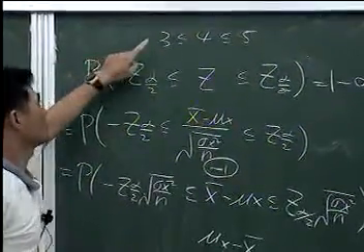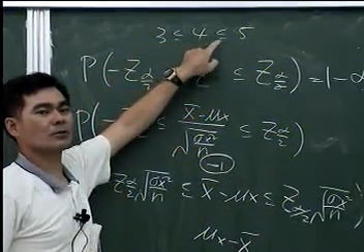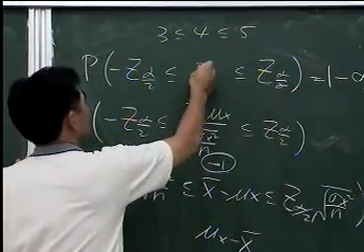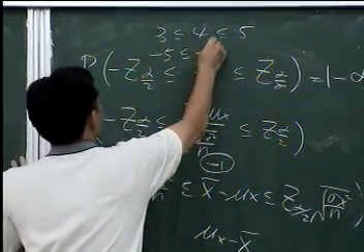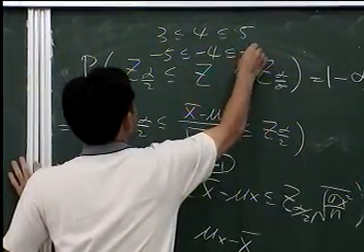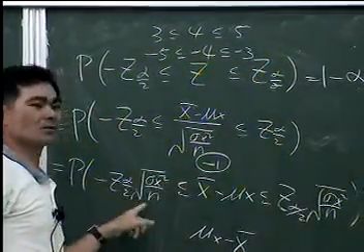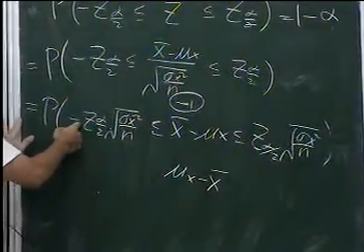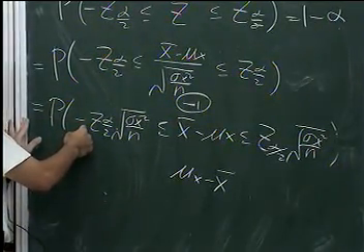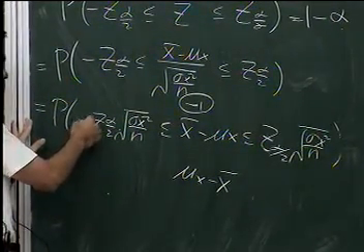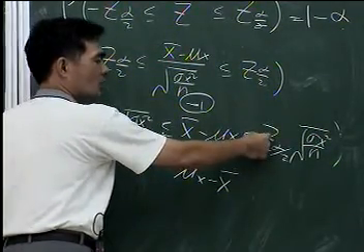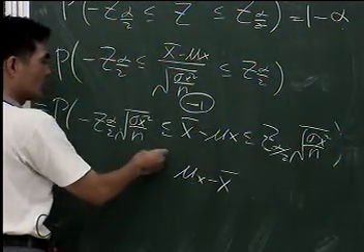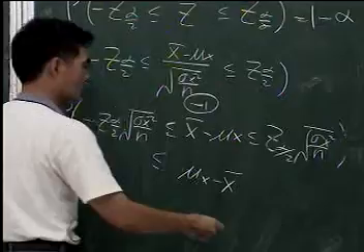If we multiply by negative 1, that means negative 5 is less than or equal to negative 4, less than or equal to negative 3. So you have to change all these. This one multiplied by negative 1 becomes positive when you move here, and this one becomes negative, and it should be here. So basically, you don't change anything.